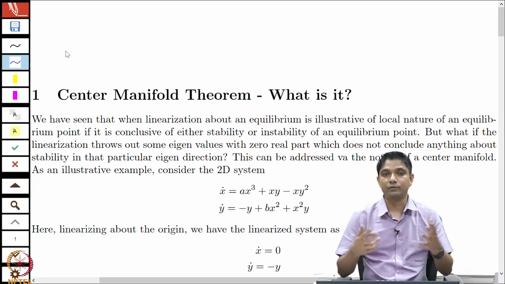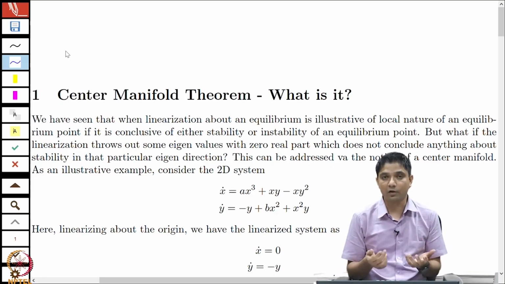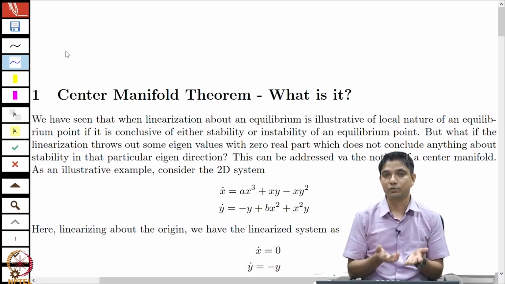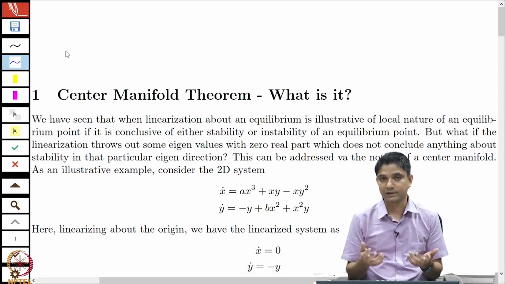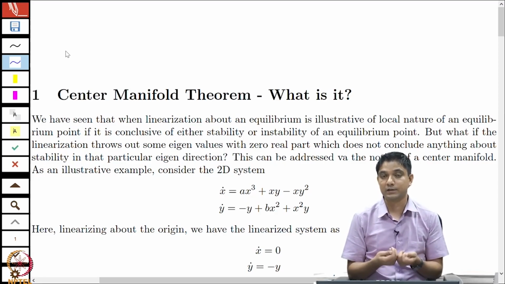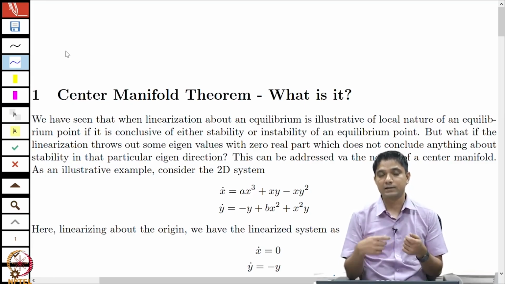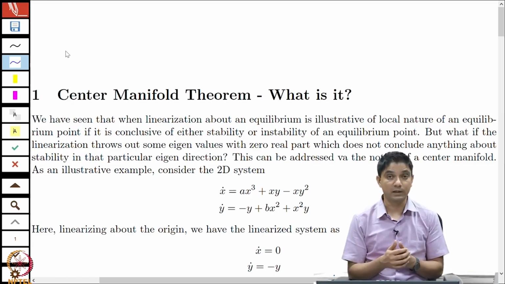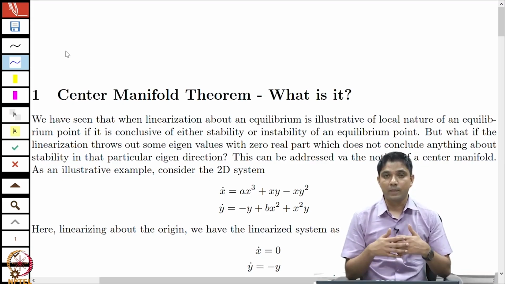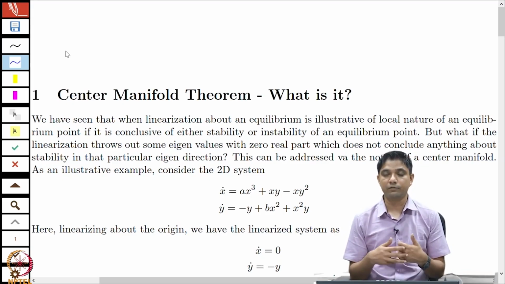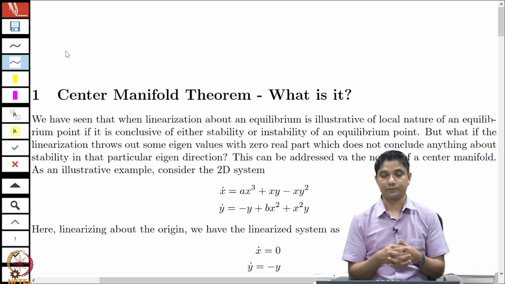So, it was not just whether a system is stable or not, it was defined with respect to a particular equilibrium, right. For example, the downward position of a pendulum was a stable equilibrium, whereas the upright position was an unstable equilibrium, right.